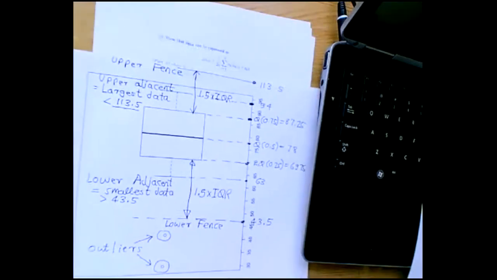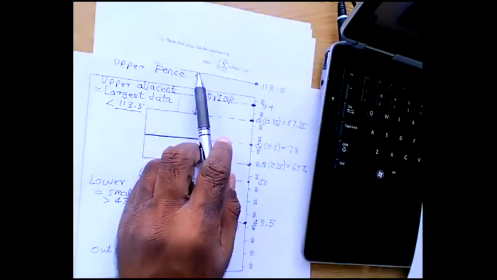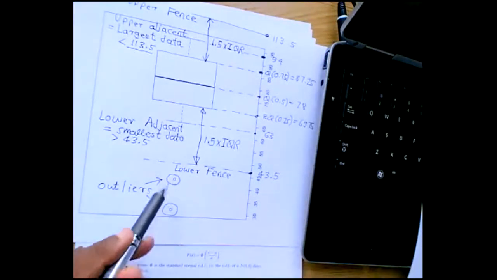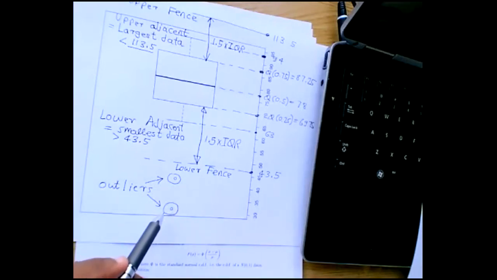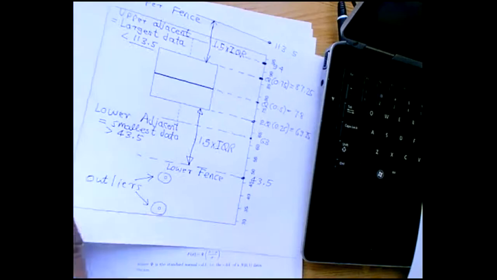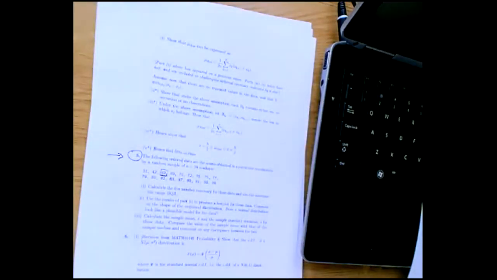We have nothing above the upper fence, but we have 2 data points below the lower fence, this one and this one. So these 2 are outliers.